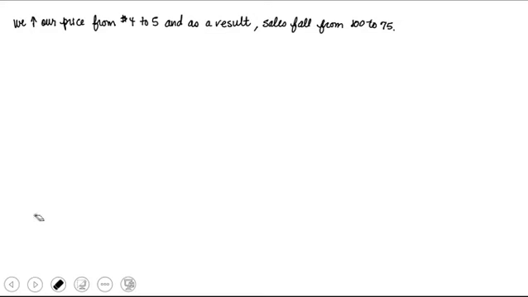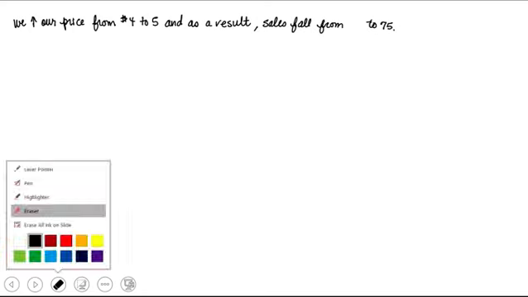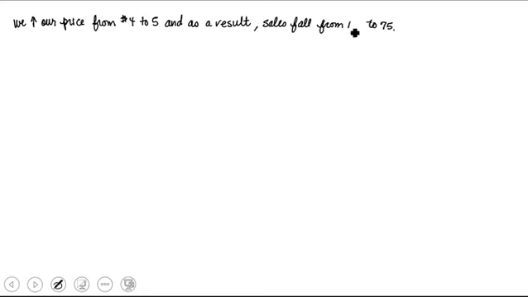Can't read that very well. What is the elasticity of demand? What is the impact on revenues?